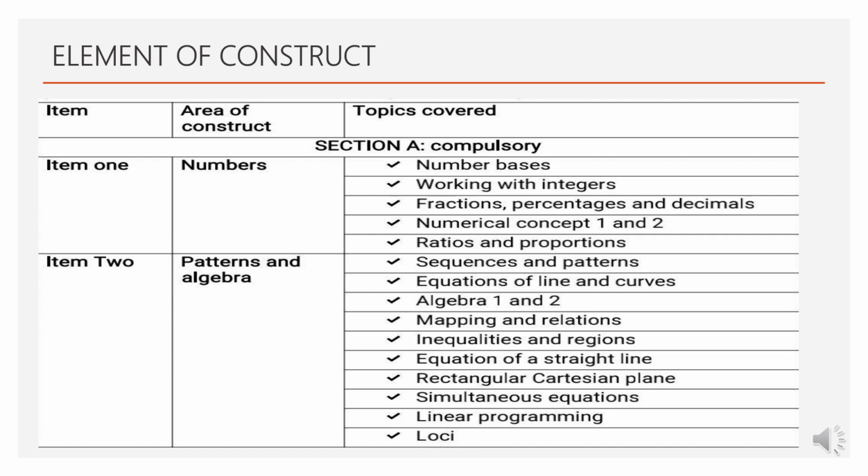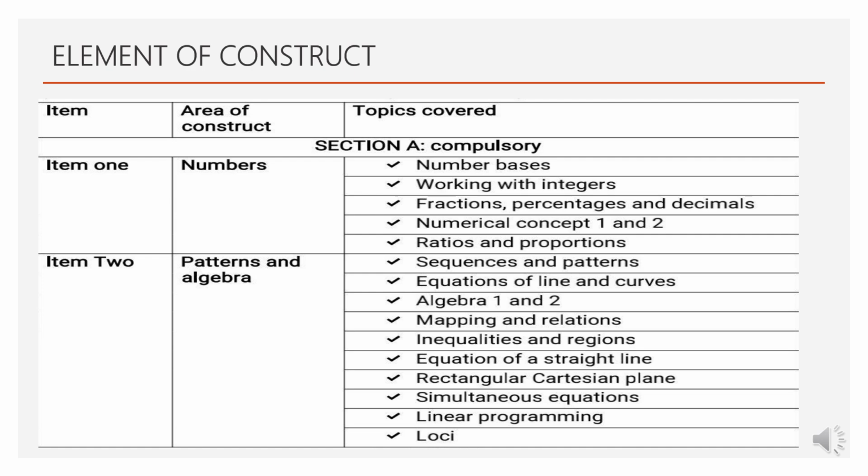And now to form the theme numbers, we use the 4 topics. That is number basis taught in senior 1, working with integers covered in senior 1, fractions, percentages and decimals senior 1, numerical concept 1 and 2 covered in senior 2, and then ratios and proportions senior 3.